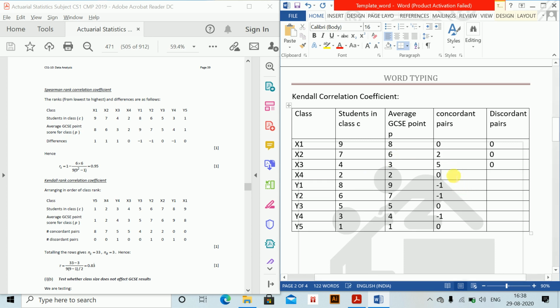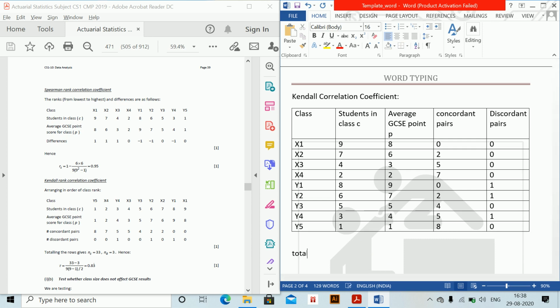For x4 I have 7 and 0. y1 is 0 and 1. y2 is 2 and 1. y3 is 4 and 0. y4 is 5 and 1. And y5 is 8 and 0. So these are the pairs we have. Then you can arrange it in your rank and order and so on.